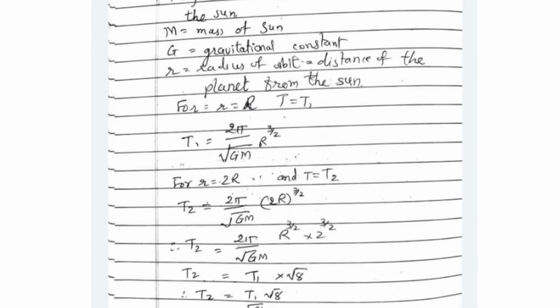So for that, children, we should know the formula for the time period. So what is the formula for the time period? From Kepler's law, you just observe. Let us do that.